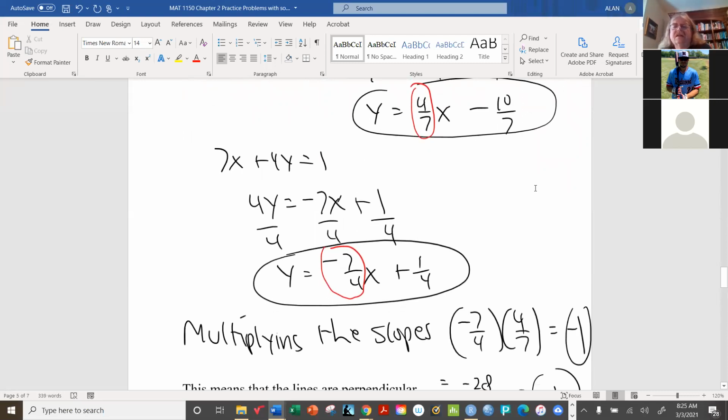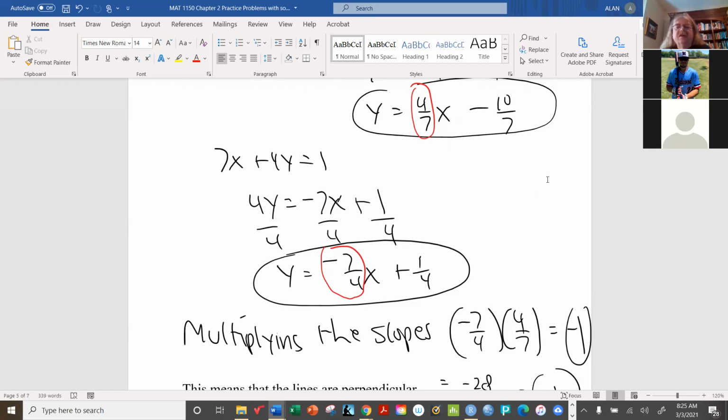Yeah, you could. You could also think of them as being inverses with the negative sign. But just to prove it, the formal definition is when their product is -1.